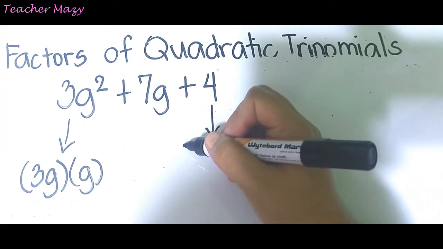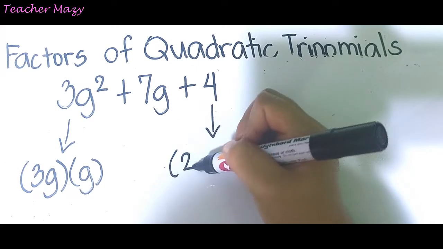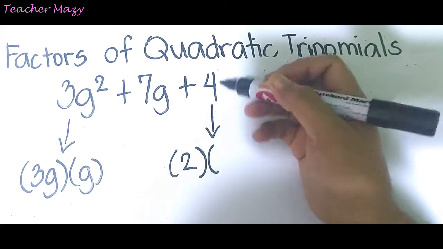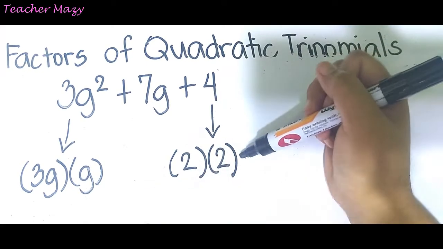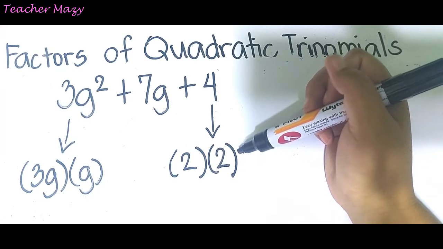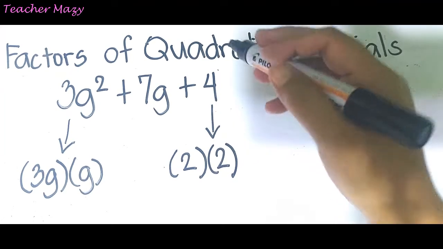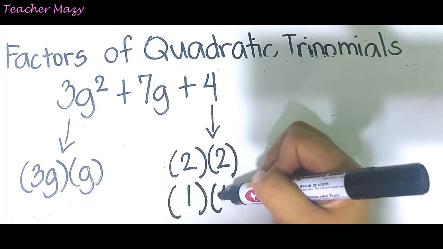Since the last term is positive, the factors have the same sign. We have positive 2 times 2, or we can also use 1 times 4.